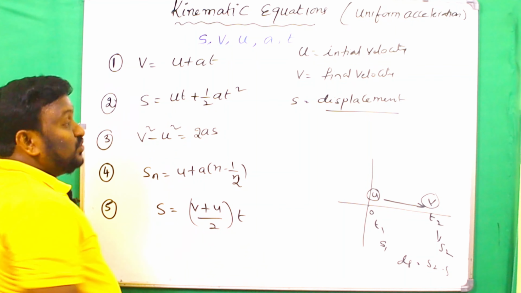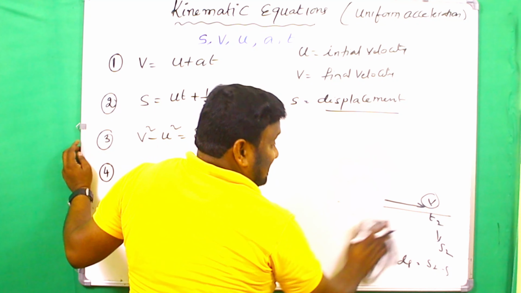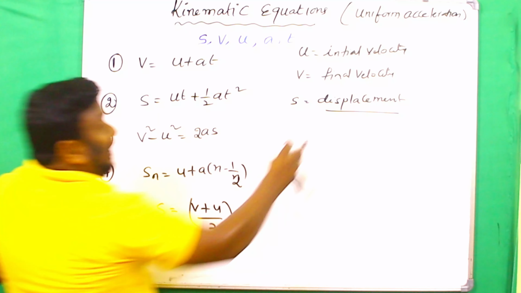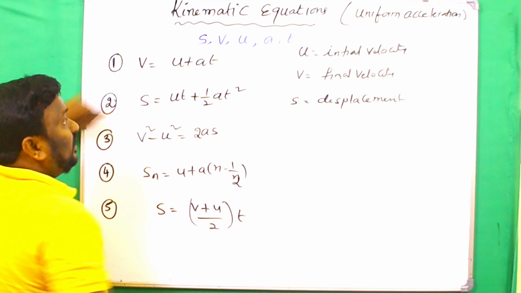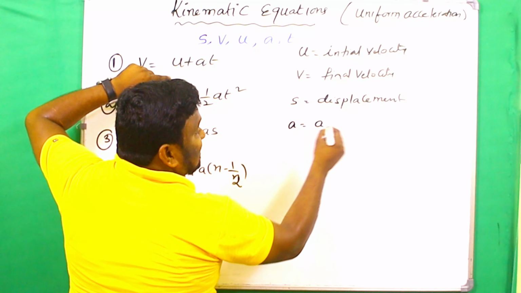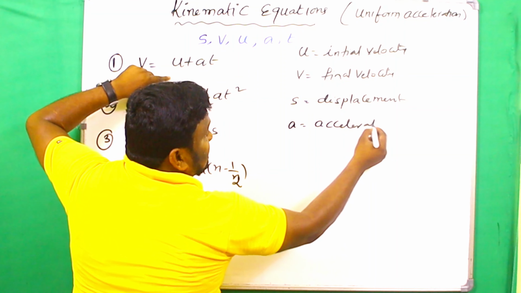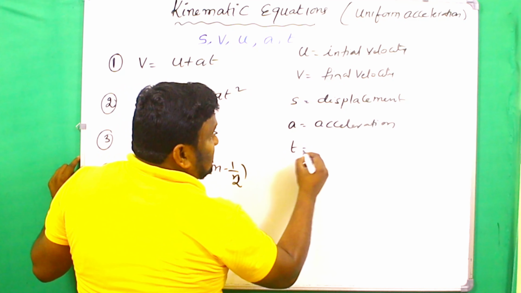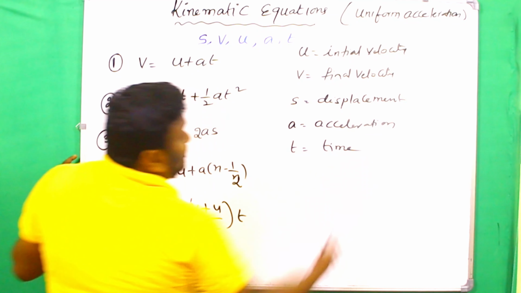That's why there is no need for confusion between distance and displacement in a straight line motion. And what is A? A is the acceleration, and in this case acceleration is uniform. And T is the time.